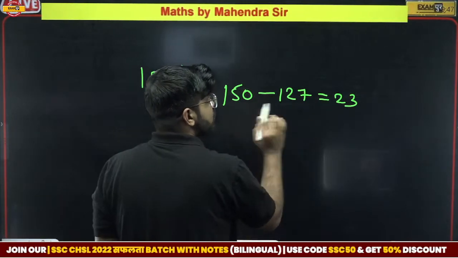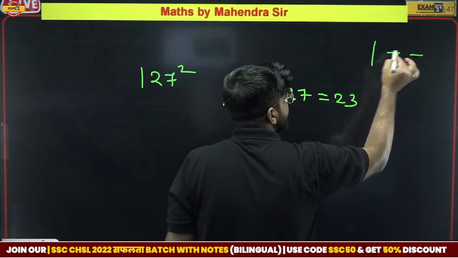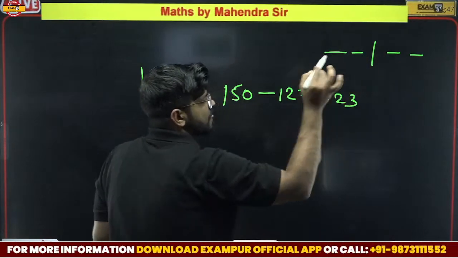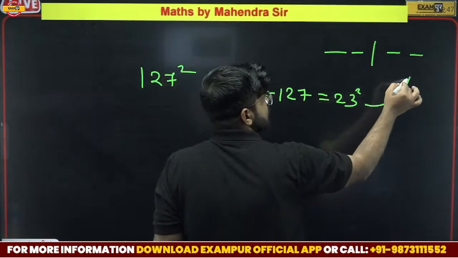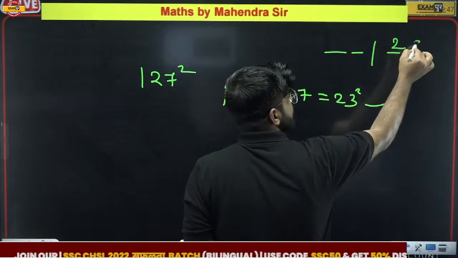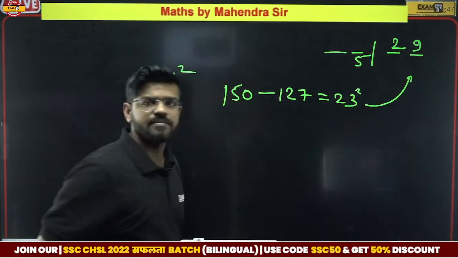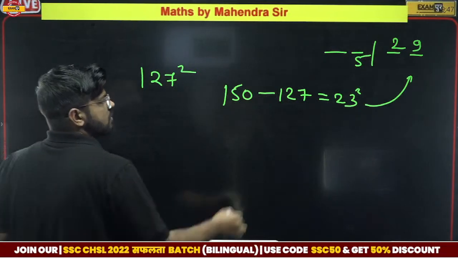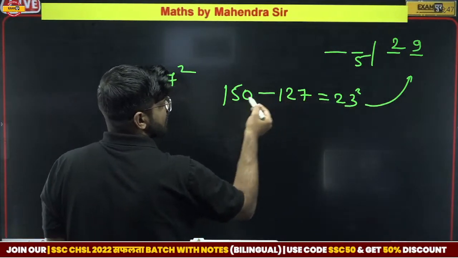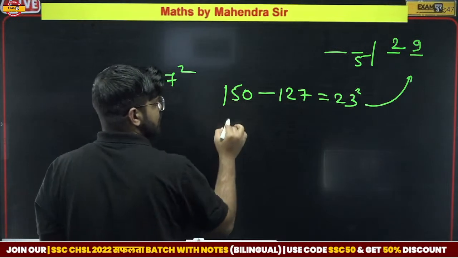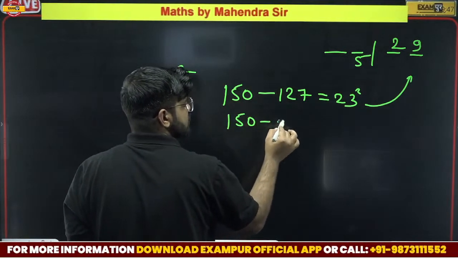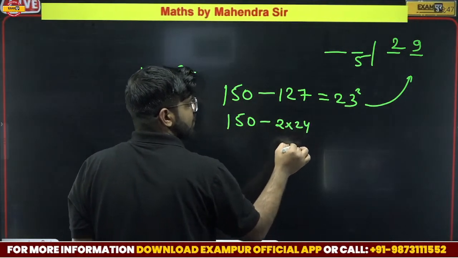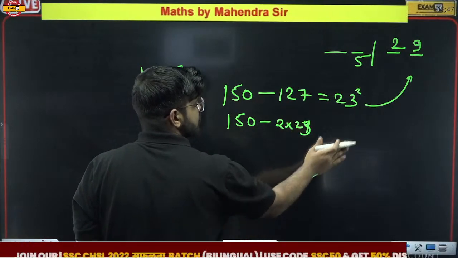You have to calculate the last two digits and carry forward. So the last two digits are nothing but the square, that means 29, and 5 will be the carry. Now double this number and subtract it from this number.